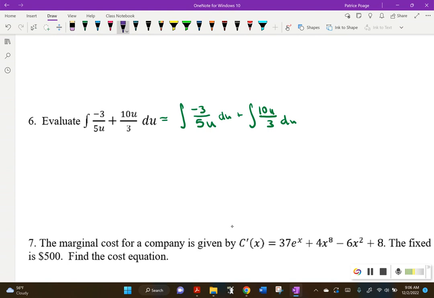So I'm going to bring the whole number, negative 3/5, the whole thing out front. And it leaves me with 1 over u du. Now I didn't bring that u up to the top because it's u to the 1 power, which means it's going to be a natural log. Over here I'm going to pull my whole number 10/3 out front, and it just leaves me with u.